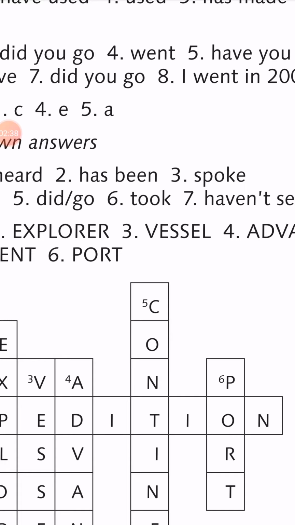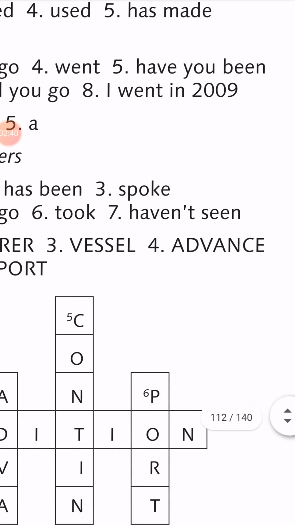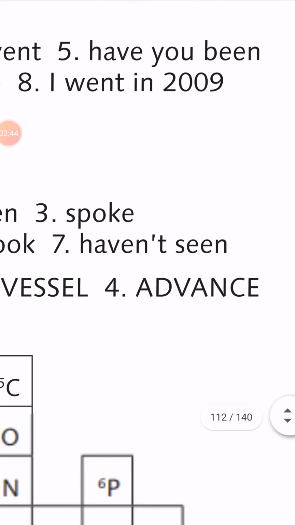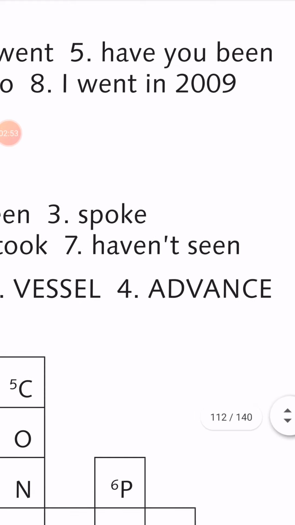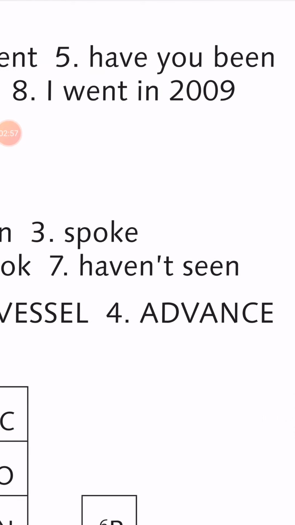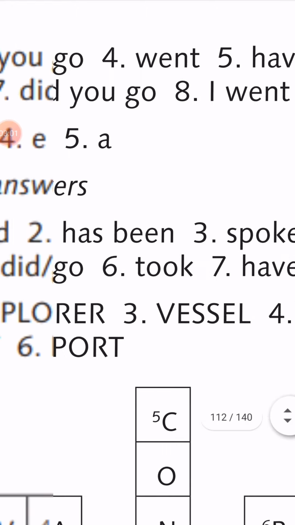Number 8, I went in 2009. The answer here has to be in simple past because the question used "when" as a keyword for simple past, okay? So I went in 2009 because it's any time in the past. You must know that any time in the past is a keyword for simple past.